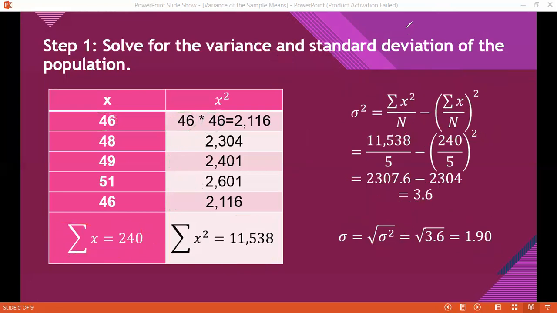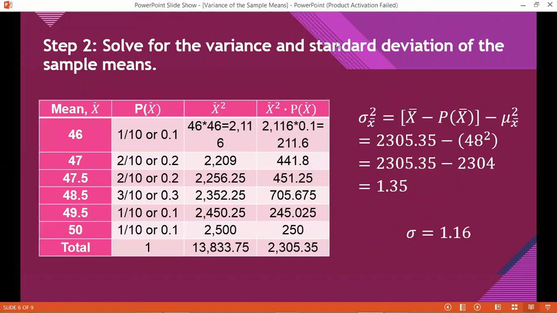Next, let's have the next slide, please. Step 2, solve for the variance and standard deviation of the sample means. Earlier it was about the population, now it's about the sample means. Utilizing the sample distribution, you will add two columns, for the x squared and then for an additional one.